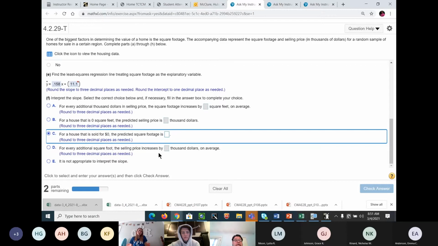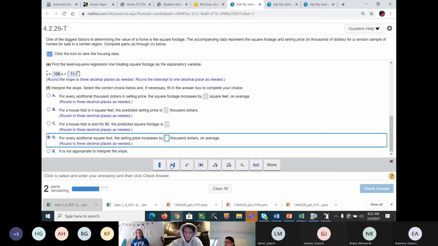For every additional square foot, going vertical over horizontal, by 157.8. I think that's what they're wanting. It should be 157.8. It says round to 3 decimal places. Okay, so we'll put in the whole thing. That'd be 0.158.